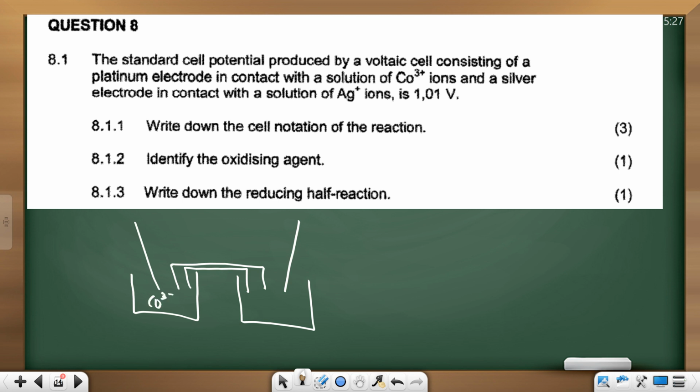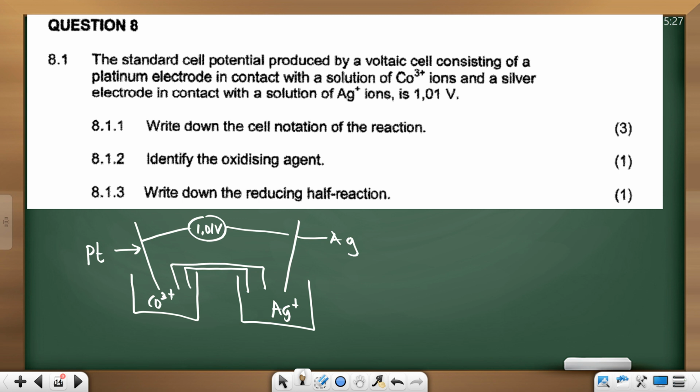The examiner has put cobalt ions here, and they said this is platinum. Why platinum? We will see just now. Silver with silver ions. The EMF of this cell is 1,01 volts. Okay. Write down the cell notation of the reaction.